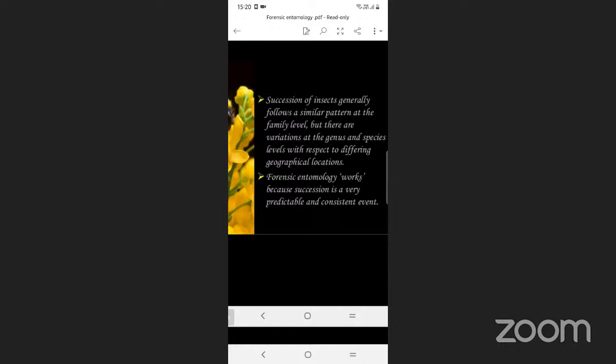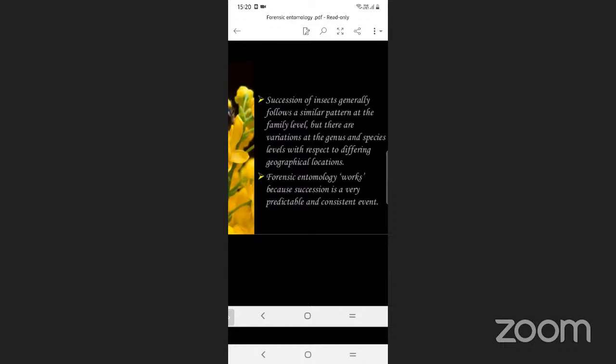So when we talk about this particular succession, we know of the postmortem interval, we'll call it PMI.